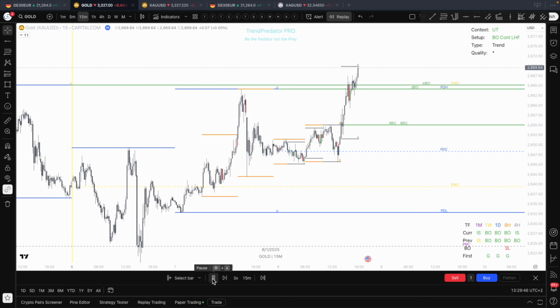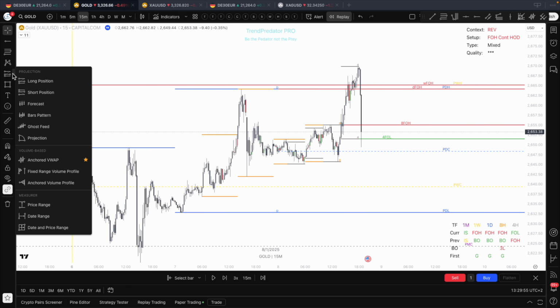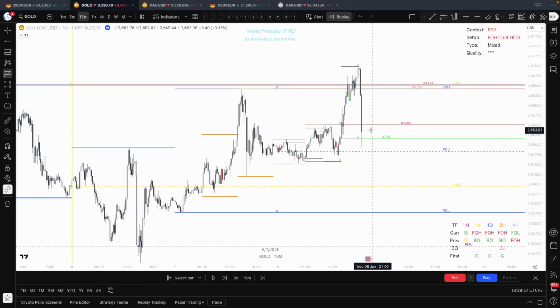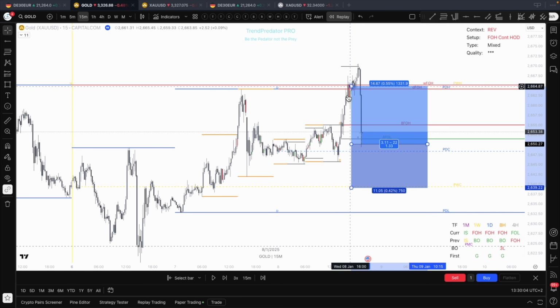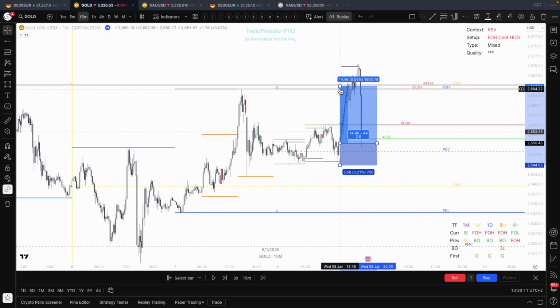But that's exactly the pattern we are looking for, and you see then it collapses again. So we really, as a target in this case, would shoot for the high of the day. So you can take this after the fake out low here from closing price, if you like, something like this, for example, and then just to the high of the day, and there I would just go out with a first touch exit.